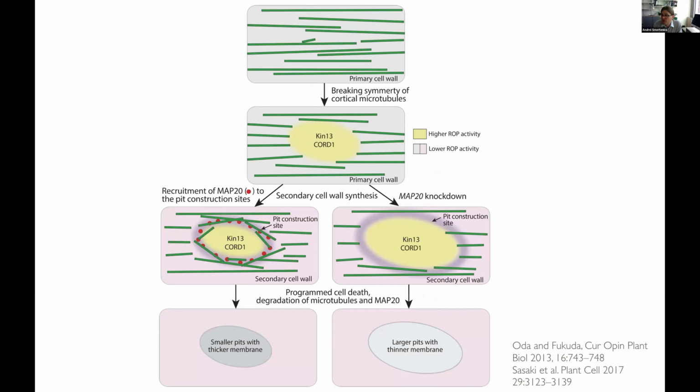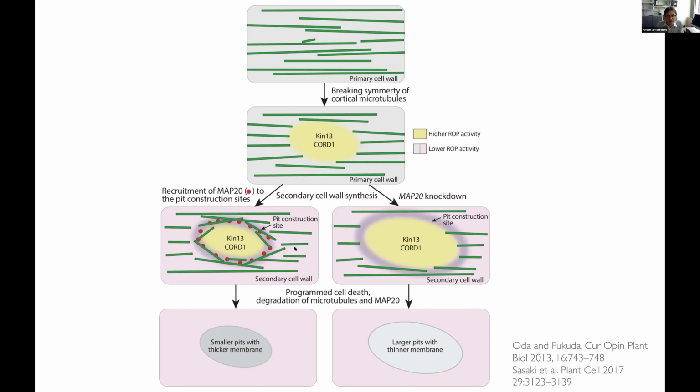So in the precursor of the xylem cell, microtubules are organized randomly. And then the first step in the formation of a pit is breaking this symmetry. So we have formation of patches in the plasma membrane that lack microtubules. There are proteins that are responsible for this process, and these proteins induce depolymerization of microtubules.